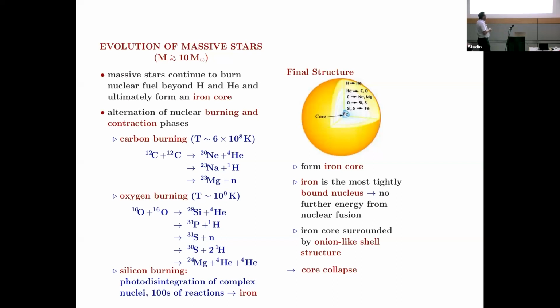Iron is the most tightly bound nucleus, so you cannot gain any energy by either fusion or fission, and so you run out of nuclear fuel. And if the core at that point is bigger than the Chandrasekhar mass, electron degeneracy cannot support it, and then the only thing that can happen to the core is to collapse. And I'll come back to that later.